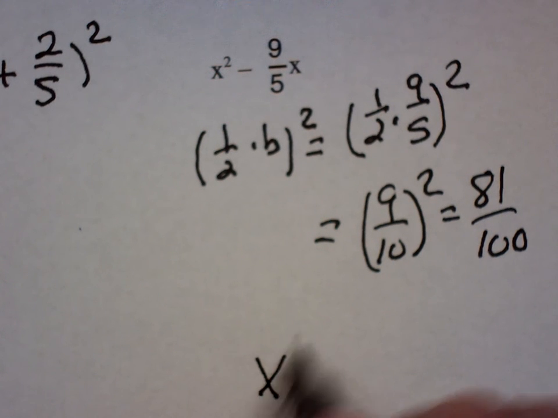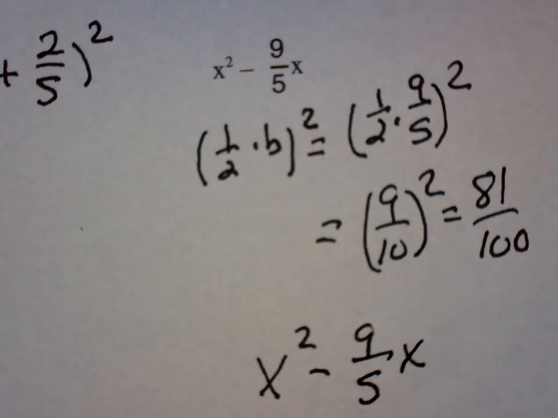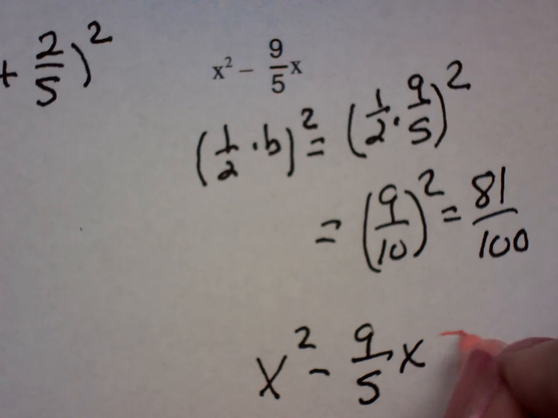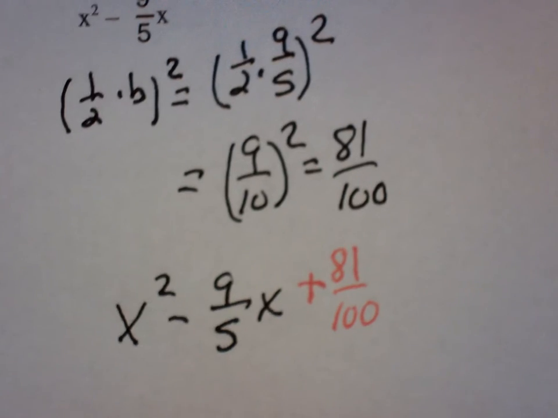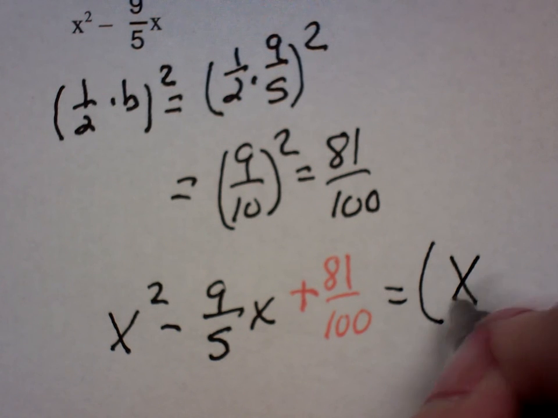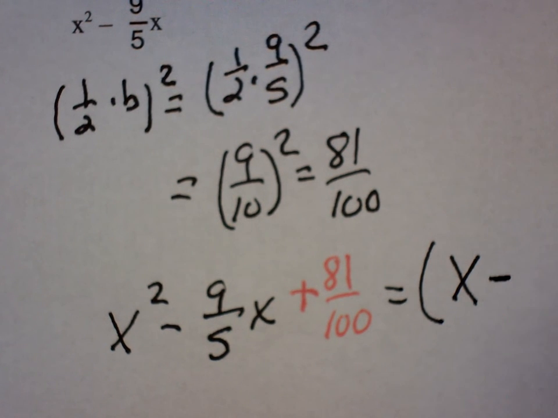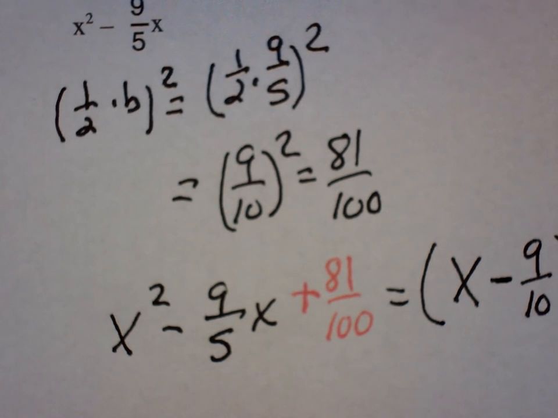Sorry about that. Minus 9/5 times x. I'm going to have to add 81/100. So this is now the perfect trinomial square, x minus 9/10, squared. That's a perfect trinomial square.